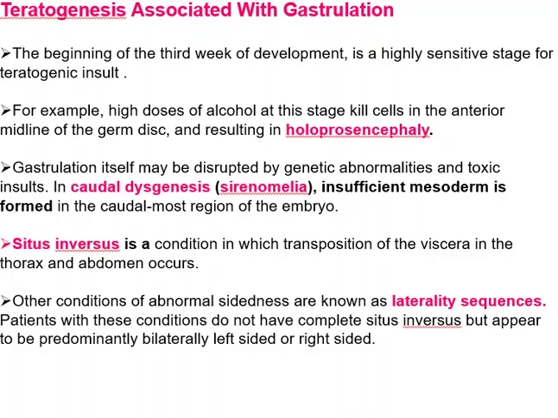In this case, patients with this condition do not have complete situs inversus but appear to be predominantly bilateral left-sided or right-sided. That means structures move to one side rather than being on the same sides.